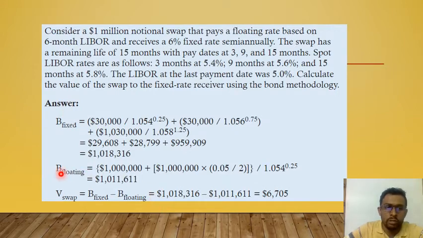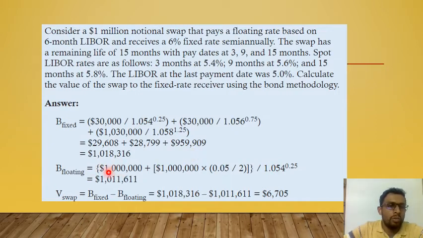Now we have to value the floating bond. This is a tricky part, where all three payments up to the maturity of this swap are not calculated. Only the next floating rate payment, that is 1 million times 0.5 times the last known LIBOR rate, is brought back to the current period.